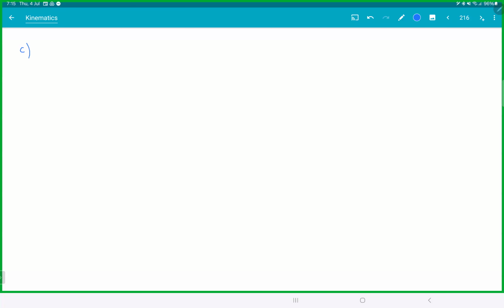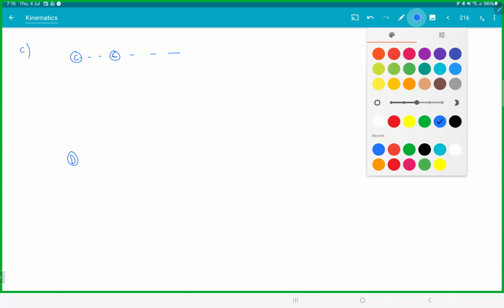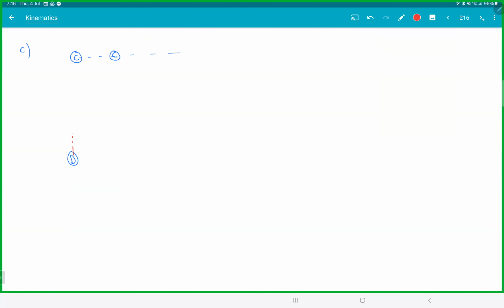Now, the main idea here is whenever a particle is going with a constant speed and changing directions. So let's say you have a particle going with v. Look at this thing here. When the cat is going like this, what is the dog doing exactly? The dog was initially looking at the cat here, so this was the velocity vector.